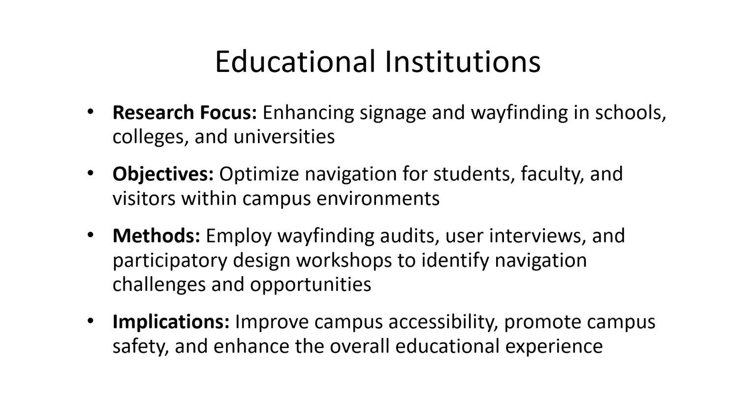The user interviews gather feedback from students, faculty and visitors regarding their navigation experiences, preferences and challenges. This allows researchers to gain insight directly from the end user and tailor signage solutions to meet their needs effectively.